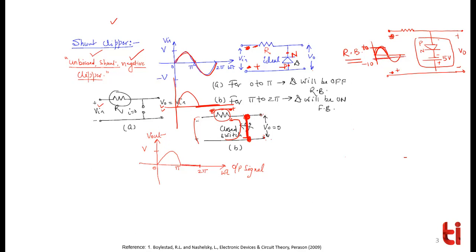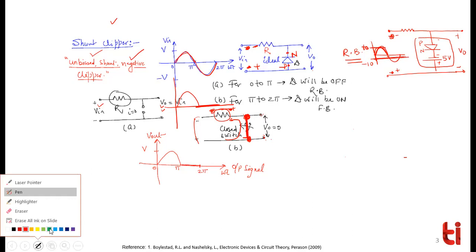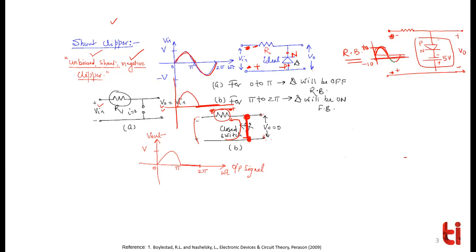So at minus 5 we need to draw a line, and below minus 5, let me take another color pen over here. Below minus 5, since P will become more negative than N, the diode will become reverse biased. In the rest of the portion of the input signal, the diode is in a forward bias.